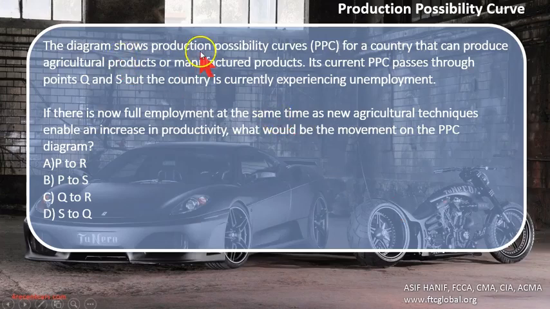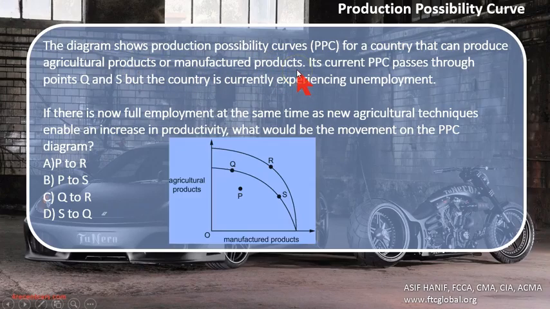The diagram shows the production possibility curve, PPC, for a country that can produce agriculture products or manufactured products. Its current PPC passes through point Q, shown in this figure, and S, but the country is currently experiencing unemployment.